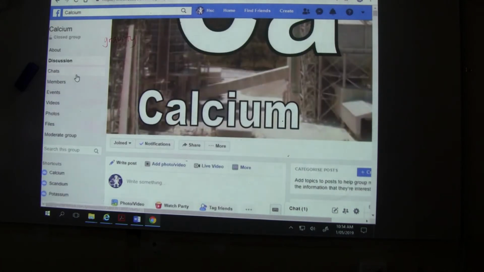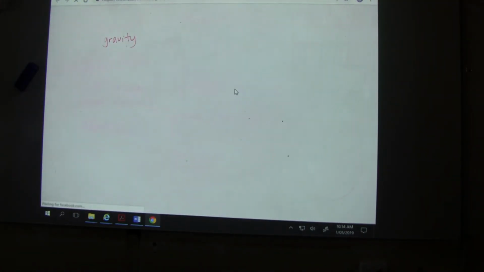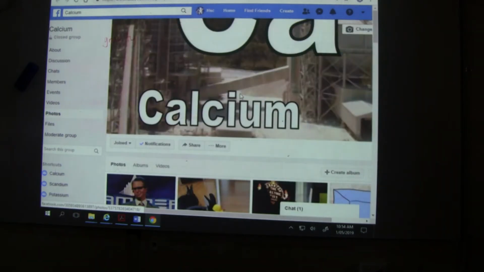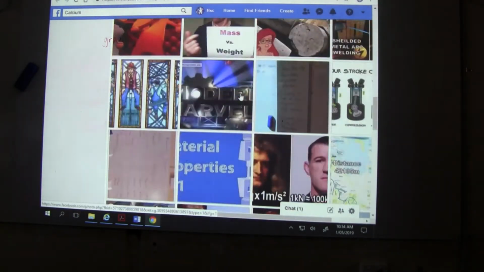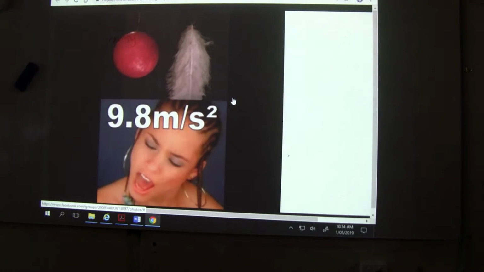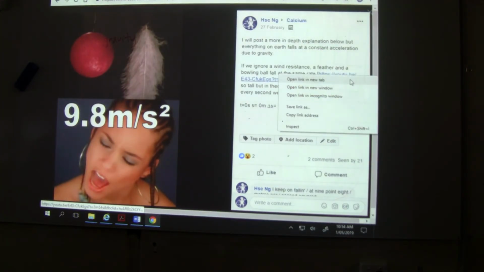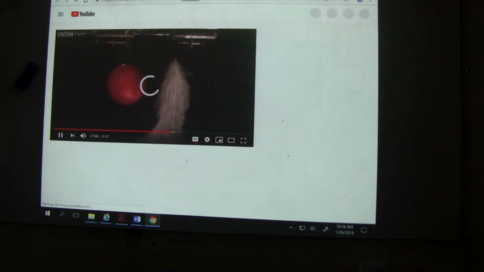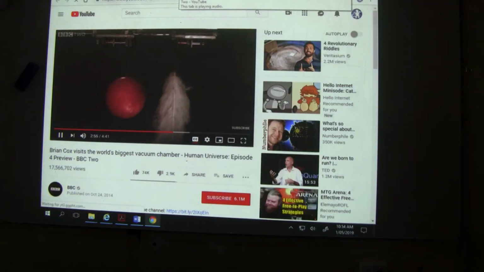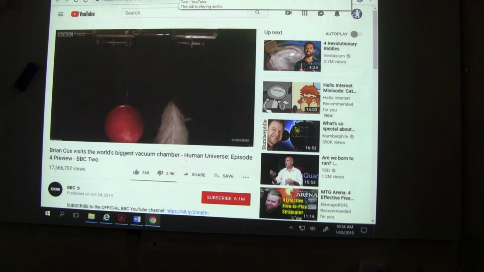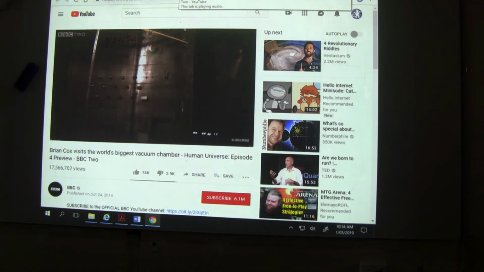Okay, so in this video here, we can see a vacuum chamber. If we release these two objects in a vacuum chamber, they do fall at exactly the same rate. If we eliminate the air resistance, they do fall at the same rate.